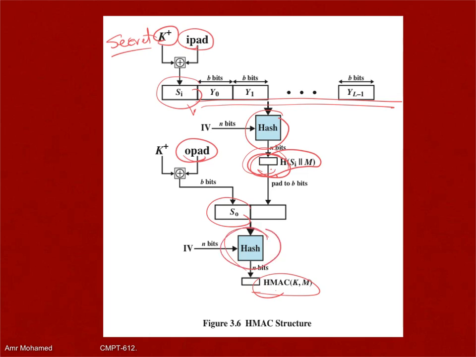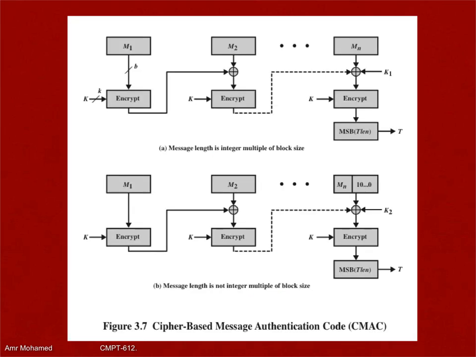So this second hash is much, much simpler compared to the first, because it applies to the hash plus the secret value, or half of the secret value. So it will be much faster. But they do it in two steps anyway, I guess to increase the difficulty of producing a collision.